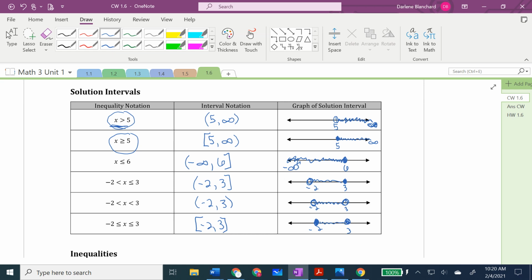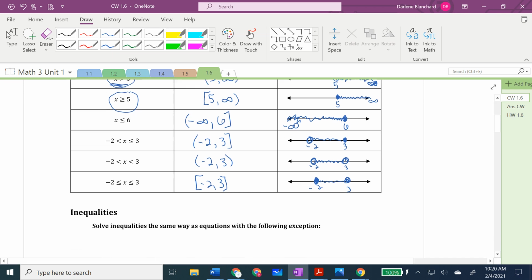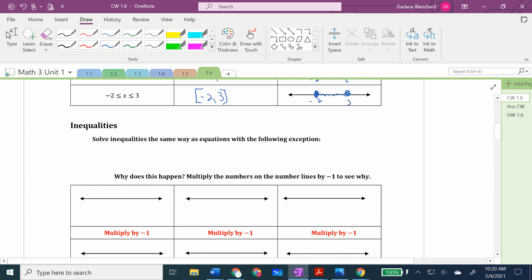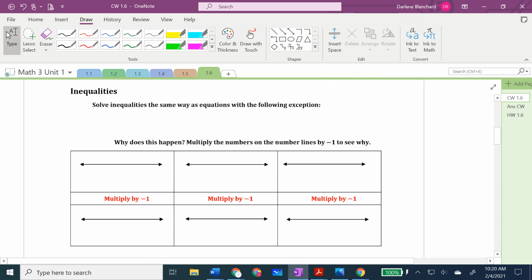Now I'm taking a side trip over to solving inequalities. I've noticed that inequalities kind of get thrown into the Math 3 homework without reminding you of what goes on with inequalities. So here's the thing.